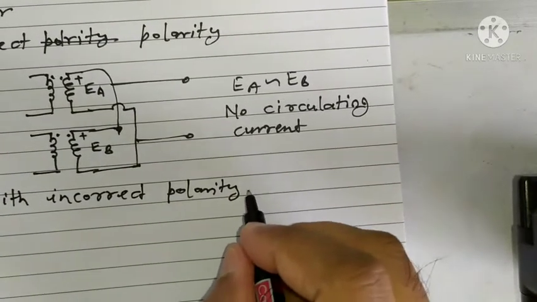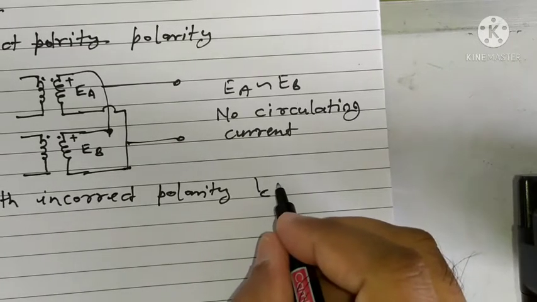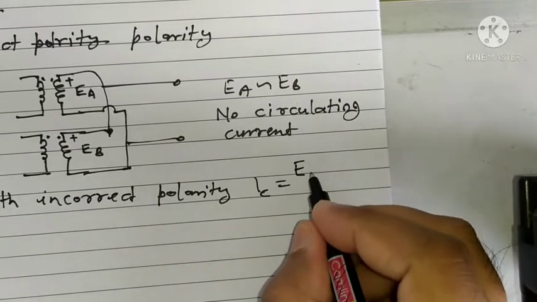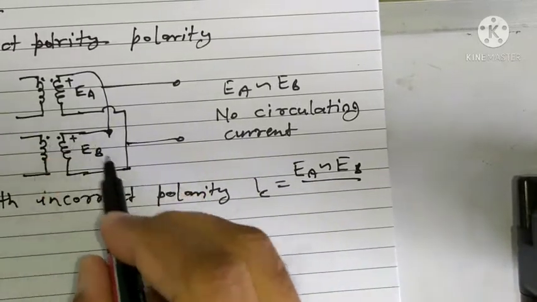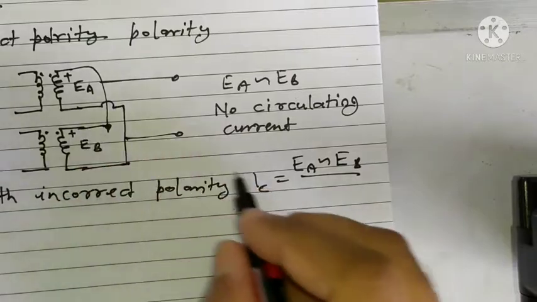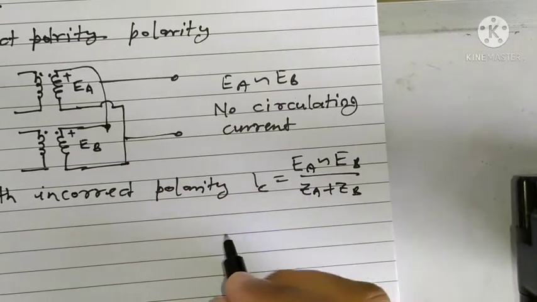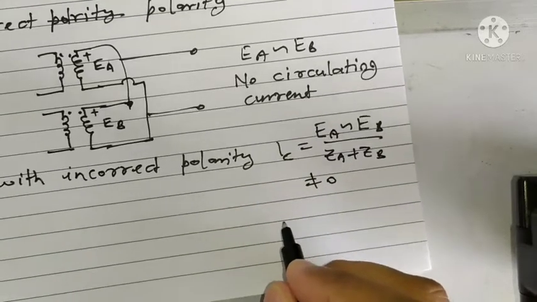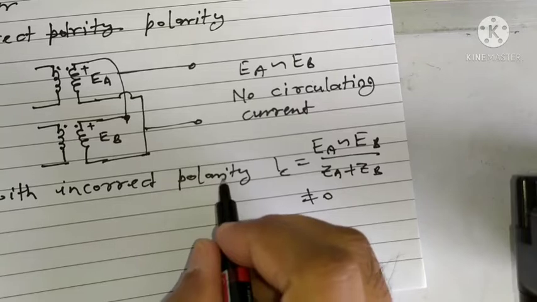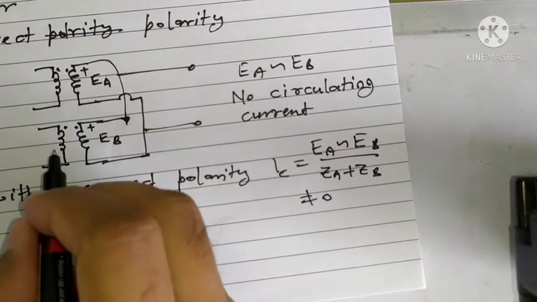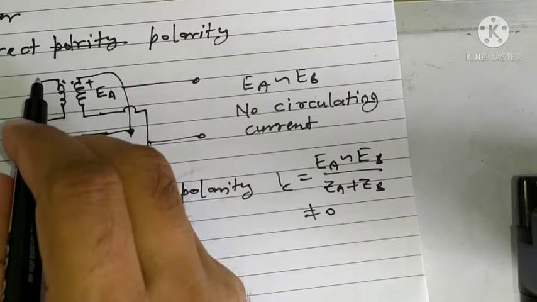That circulating current IC will be given by EA difference EB divided by the total impedance. Total impedance means the impedance of transformer A, ZA, plus the impedance of transformer B, ZB, and it is not equal to 0. This circulating current will draw power from the primary side of each transformer.